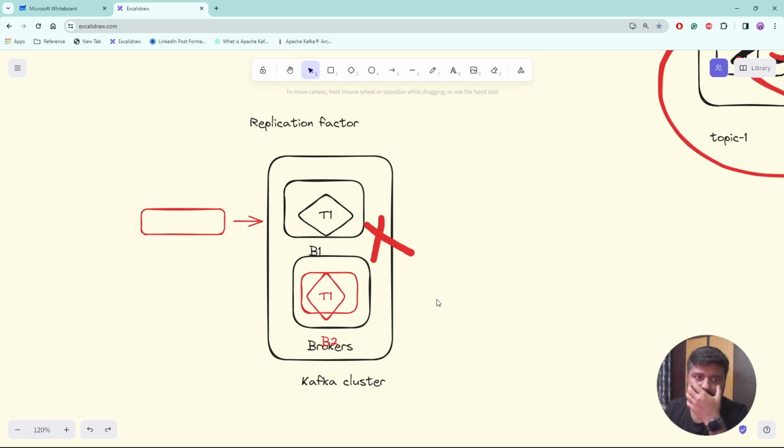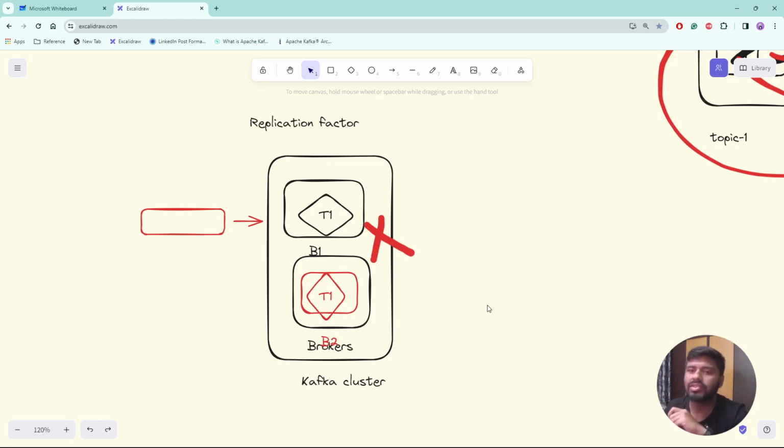Now the question is, whenever a producer produces some messages or logs or information into the Kafka cluster, how would Kafka know which broker to select and how to make this replication? Is there something we would like to do? The answer is no. If you remember, we talked about Zookeeper, right? So Zookeeper plays a kind of manager role, managing the whole Kafka cluster.